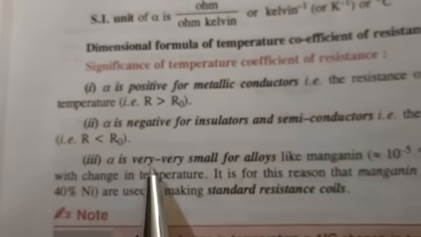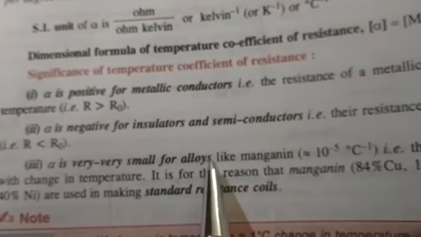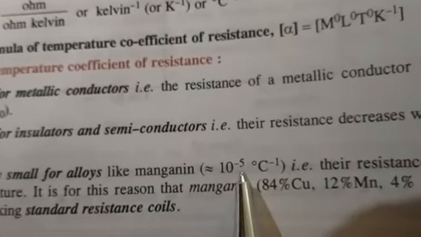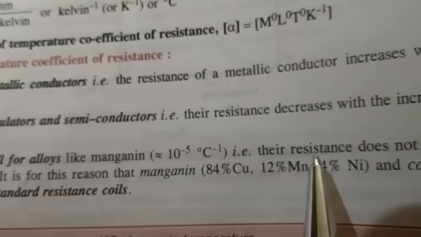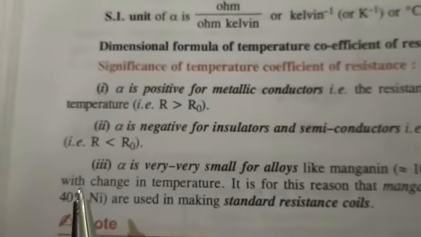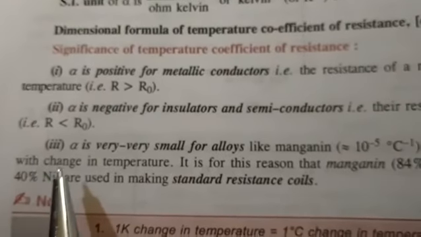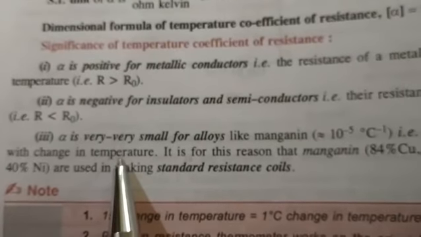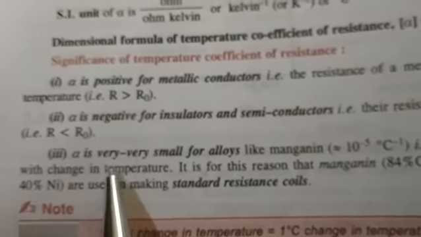Now alpha is very, very small for alloys like manganin. It is 10 raised to power minus 5. That is, their resistance does not change, or there is negligible change in the resistance with change in temperature. That's why we have studied alloys are used for the standard resistors in the lab.